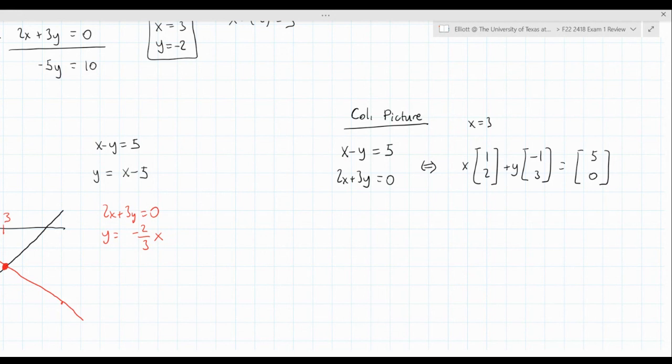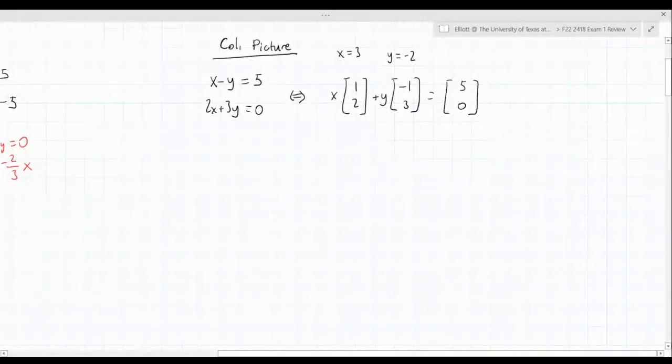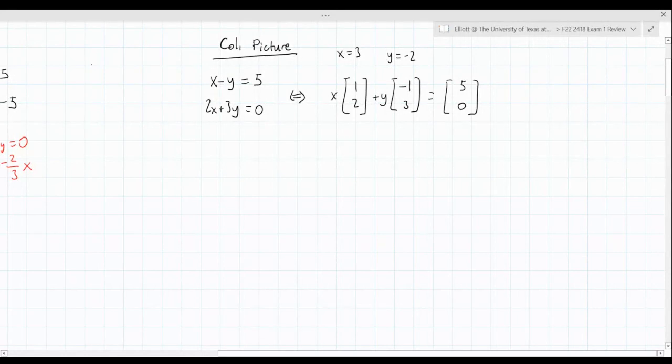And again, we saw the solution earlier, x equals 3 and y equals -2. So what we want to do for the column picture is illustrate how 3 times the first column, plus -2 times the second column, is going to be equal to 5, 0.